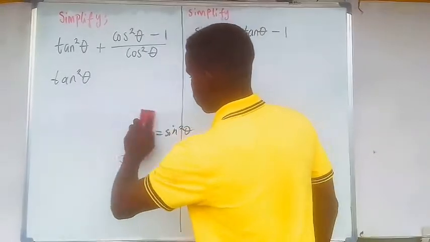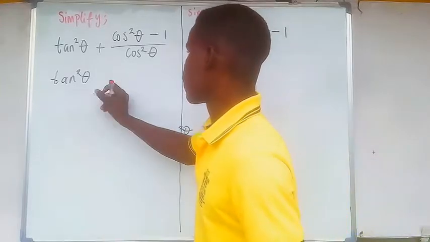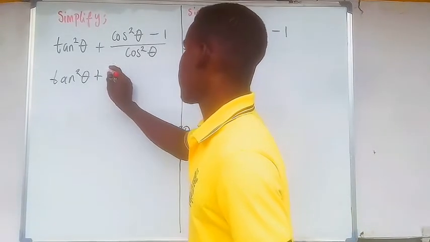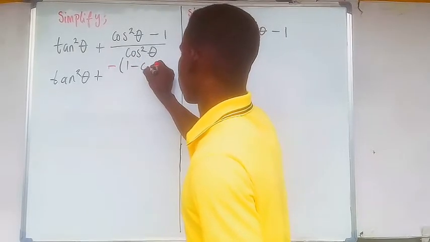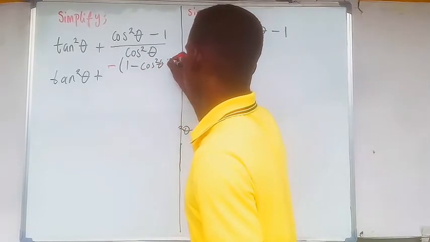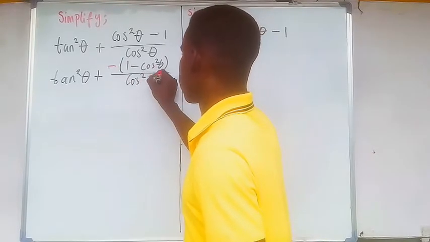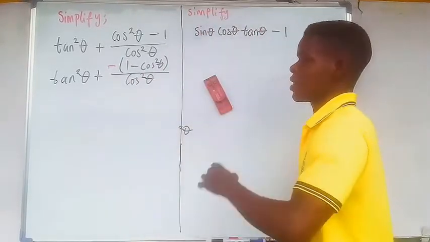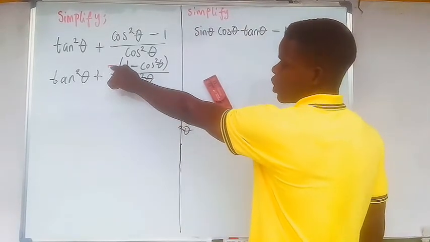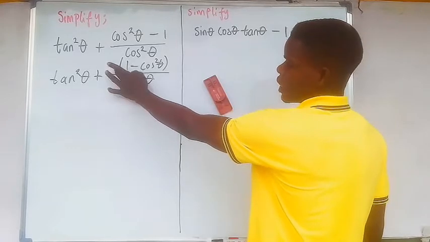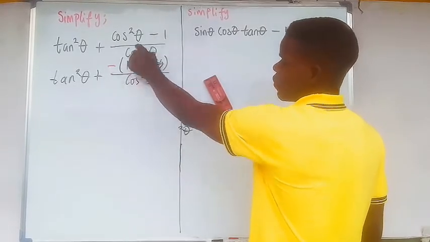So just go ahead and say that tangent square theta plus, I'm going to bring in that negative 1 times 1 minus cosine square theta divided by cosine square theta. So that's just it. I multiply this by negative 1. The multiplication of this with negative 1 gives us negative 1 here and positive cosine square theta.